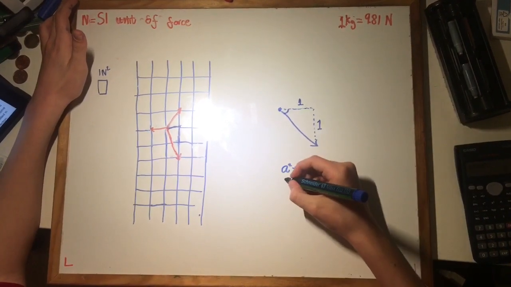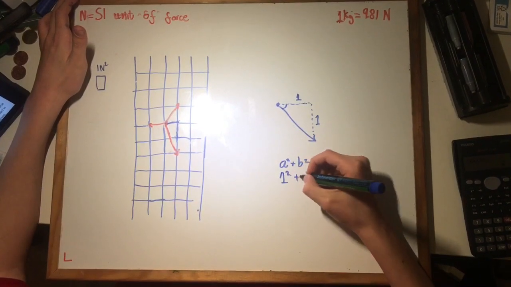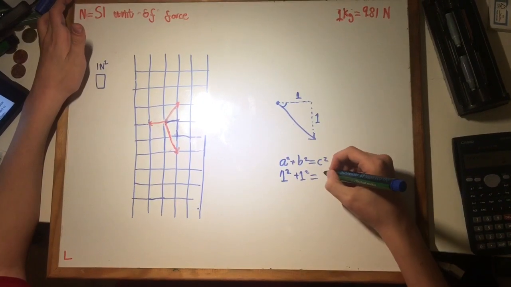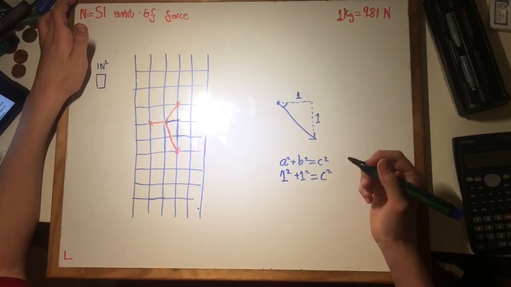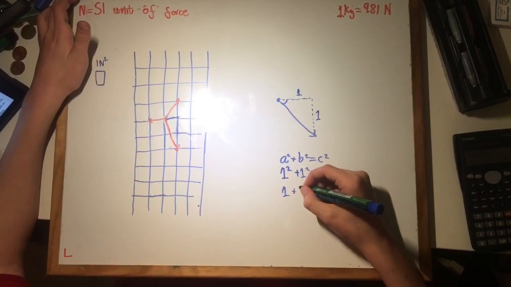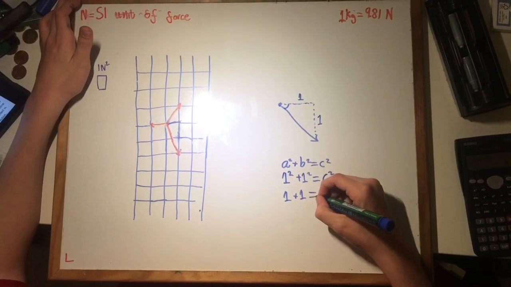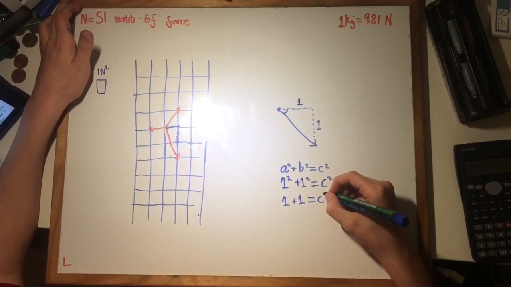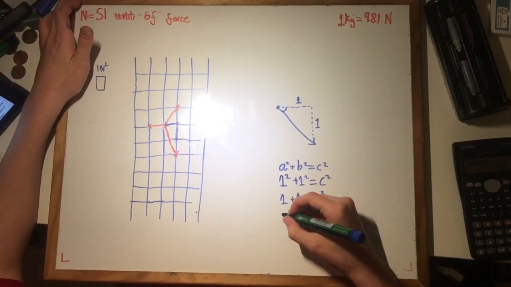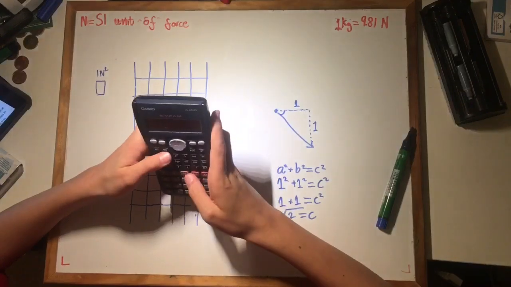So here you would just plug it in. 1 squared plus 1 squared equals c squared. 1 squared is just 1, and 2 equals c squared, and the square root of 2.